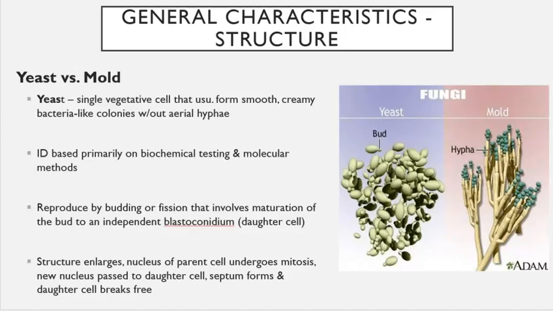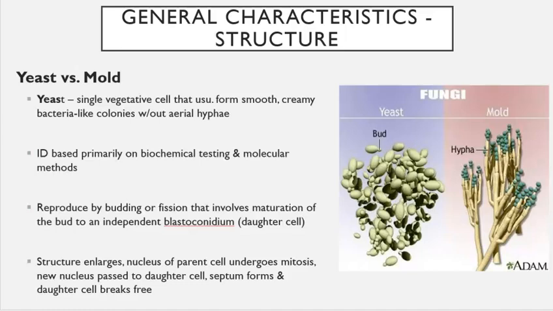So aerial hyphae means things that grow up. Like if you're growing it out on an agar plate, aerial would mean it would grow up kind of like a plant, or imagine it like a tree growing up from the dirt. That would be aerial. We use biochemical testing and molecular methods primarily to ID yeast.